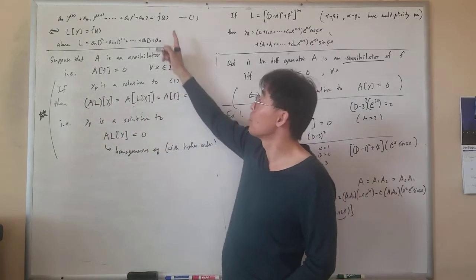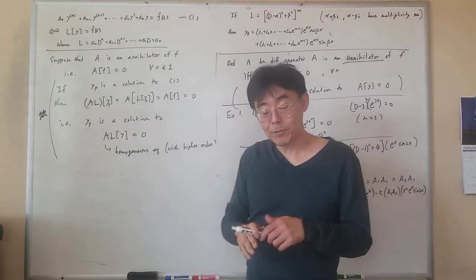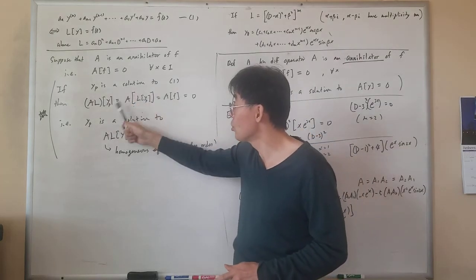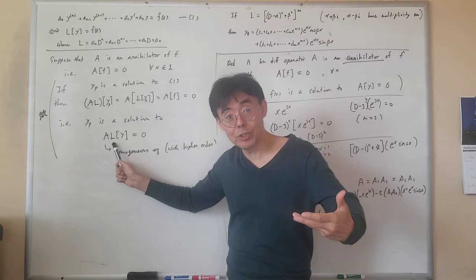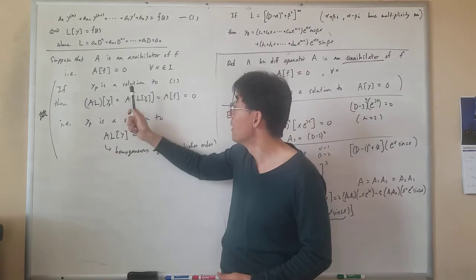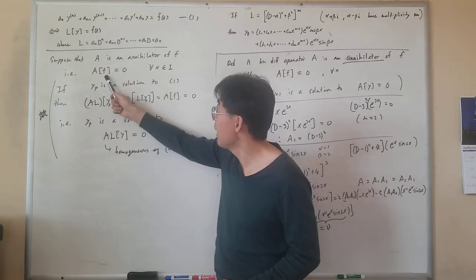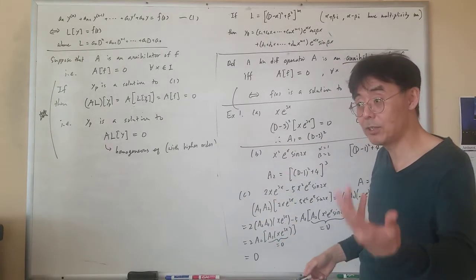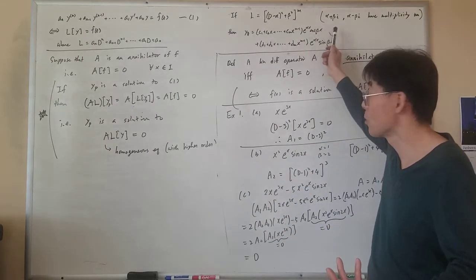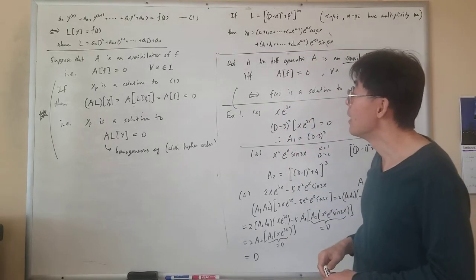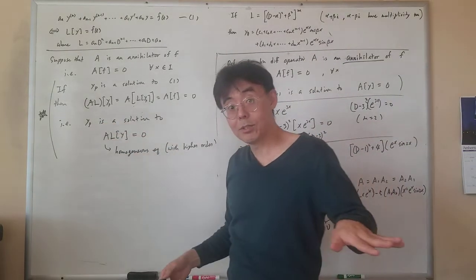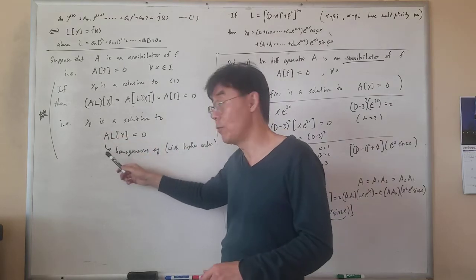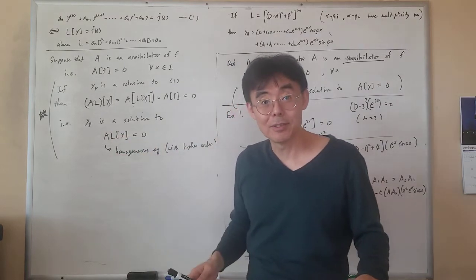A particular solution for a non-homogeneous linear differential equation with constant coefficients is actually a solution of another homogeneous equation. Now, if your f is one of these kinds of functions, e to the something, polynomial, e to the x cosine, and e to the x sine, then A will also have constant coefficients. Then your yp will also be a solution of a bigger homogeneous equation.